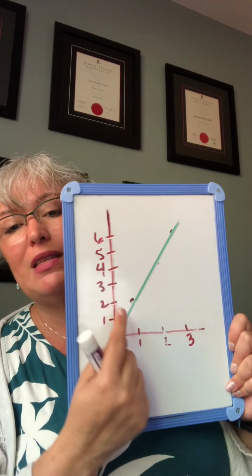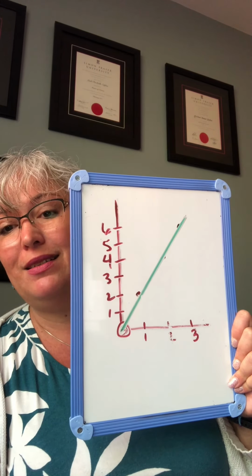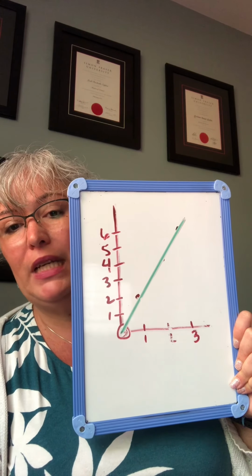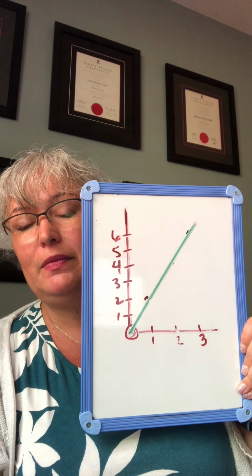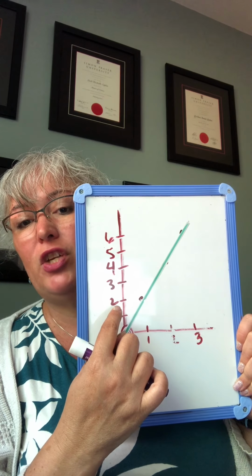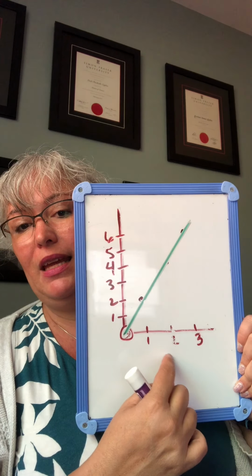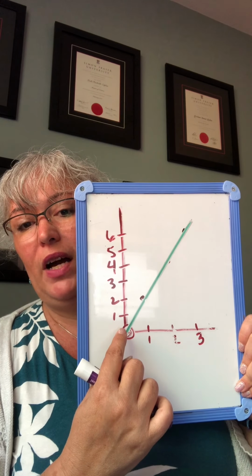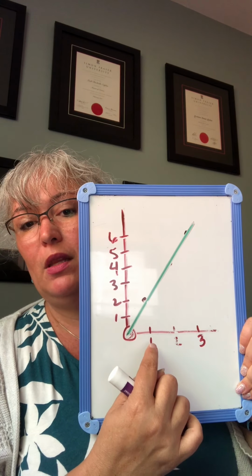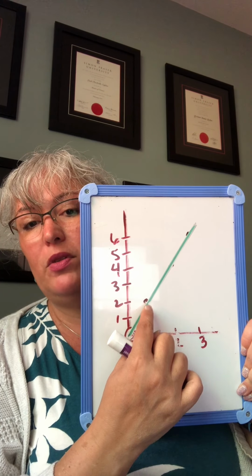Now the thing about this line is that it can actually predict what's going to happen. This line represents the relationship between the dependent variable and the independent variable. So if I went, boom, x is 1, y equals 2.